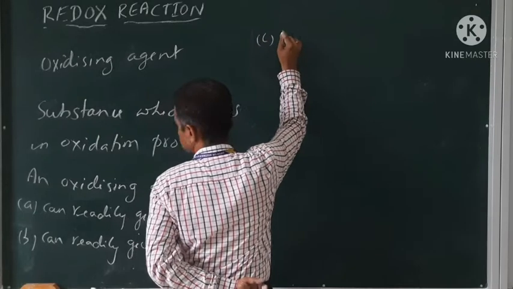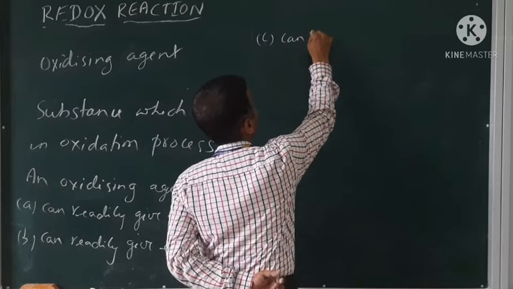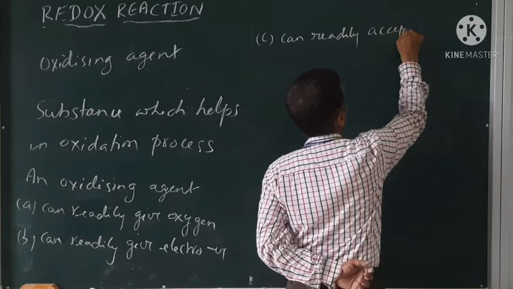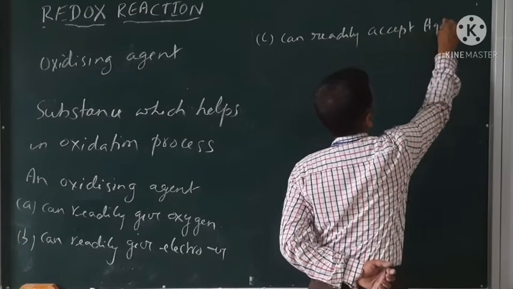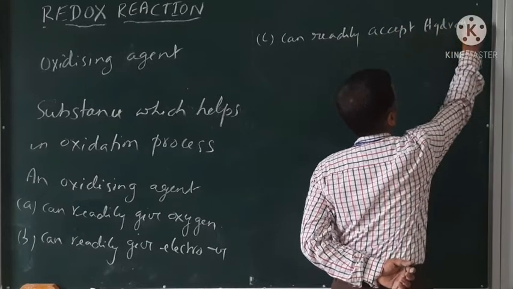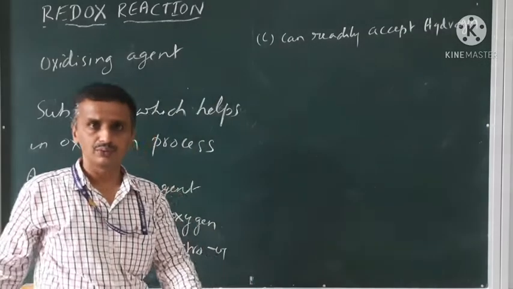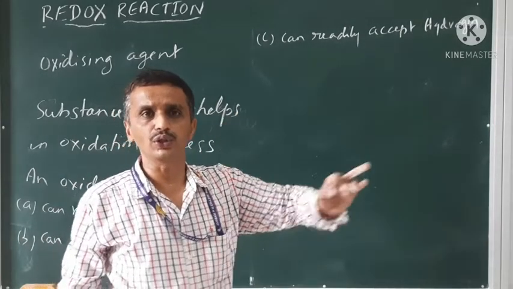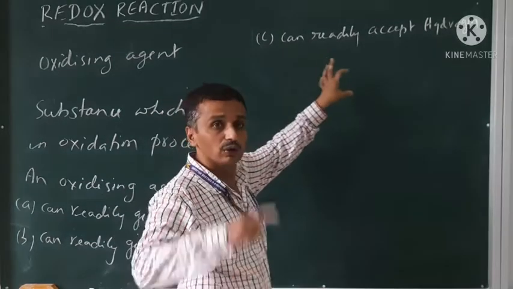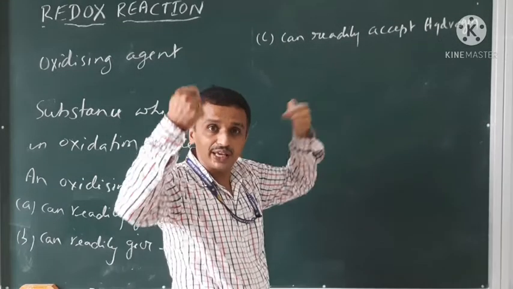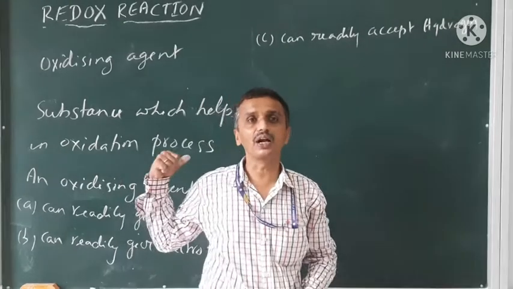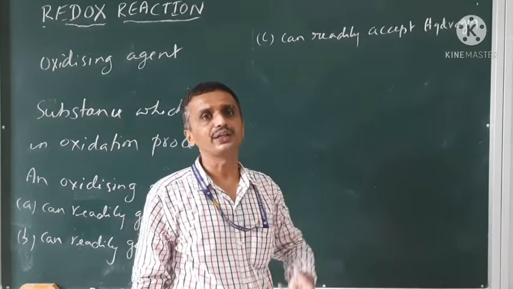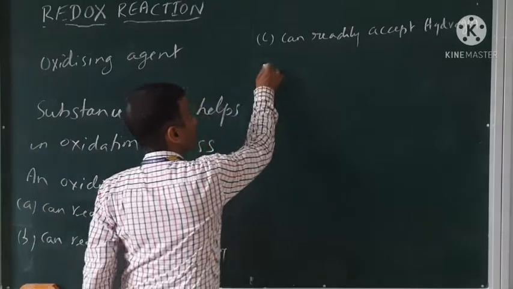C, can readily accept hydrogen, because removal of hydrogen is oxidation. So the lost hydrogen will be taken by this oxidizing agent. So they should have the ability to take up the hydrogen.